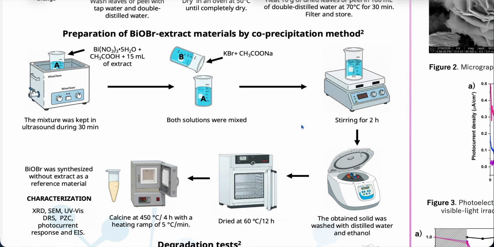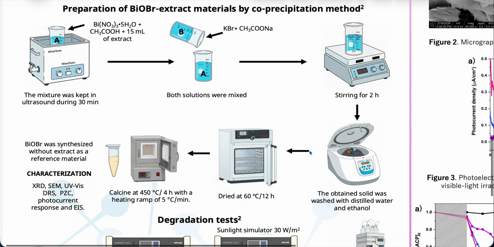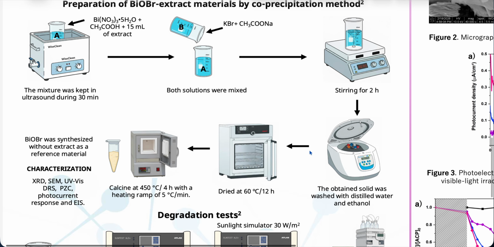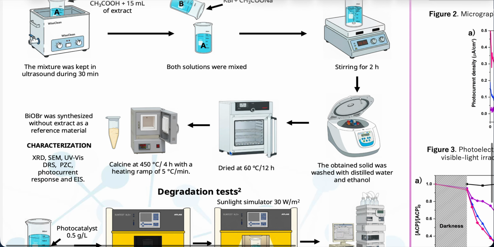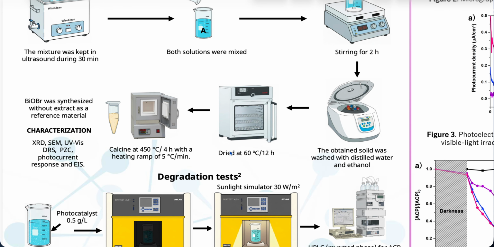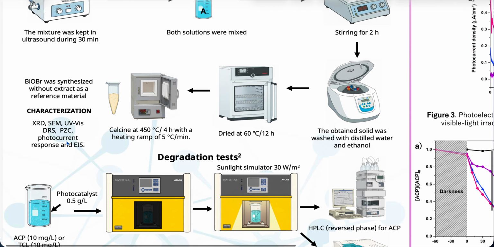The solutions were mixed with distilled water and ethanol, dried at 60 degrees Celsius for 12 hours, and finally calcined at 450 degrees Celsius for 4 hours. A pristine bismuth oxybromide sample synthesized without the extract was also prepared as a reference.